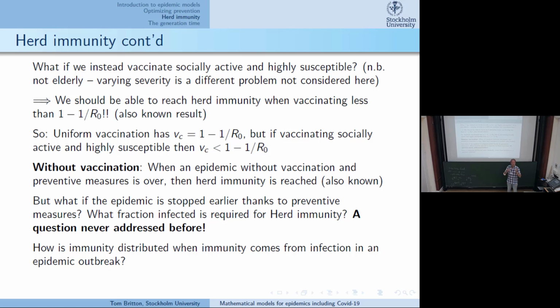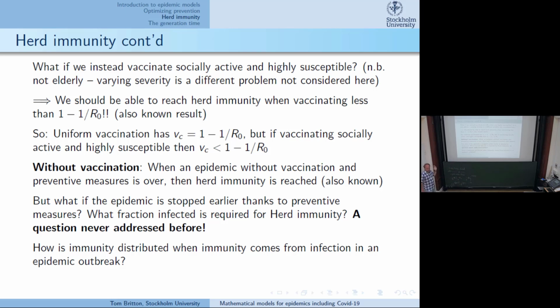The active ones, yes. So if you vaccinate like that, you probably don't need to vaccinate 60% to reach herd immunity. Suppose R0 is 2.5; if you would use your vaccine in a better way, you need to vaccinate fewer people than 60%. Do you agree to that? Okay.